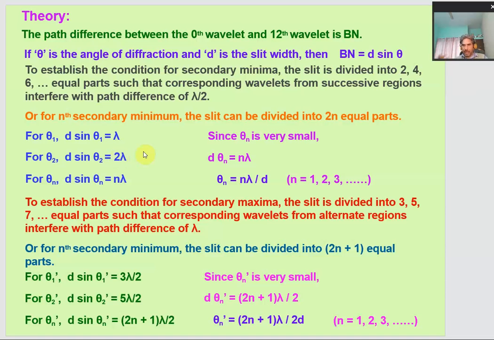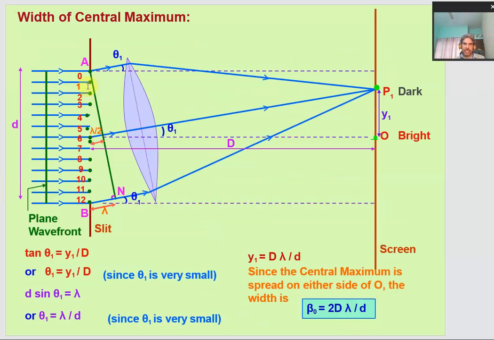It will be the position of a dark fringe also, because to understand that, we suppose that this slit is divided into 4 equal parts. When the slit is divided into 4 equal parts, the corresponding parts, for example the first and fourth, just cancel the effect of each other. The light coming from the first section will be cancelled by the light coming from the last, the fourth section.